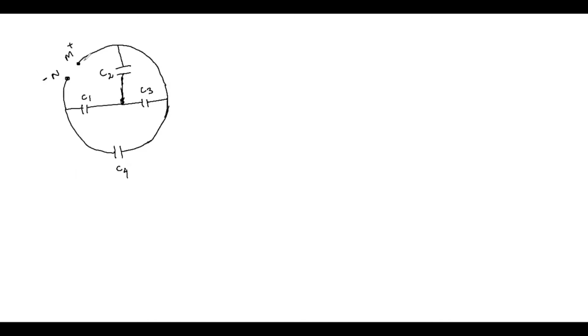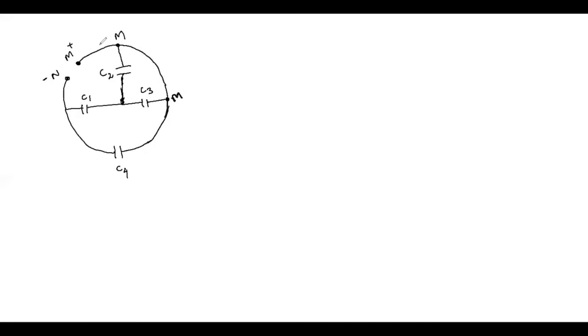So this point, which is M, this end will also have the same potential, that is M. Again, if you see this branch, no potential-drawing device is connected, so in this wire there is no potential drop. Because of which, this point will also have the same potential. That is why I am writing M there.